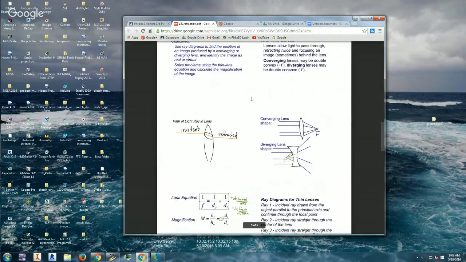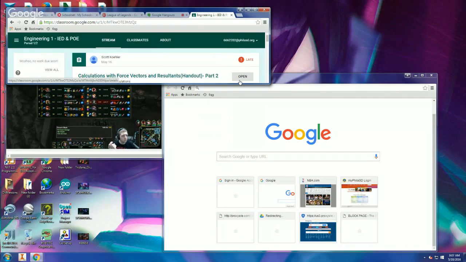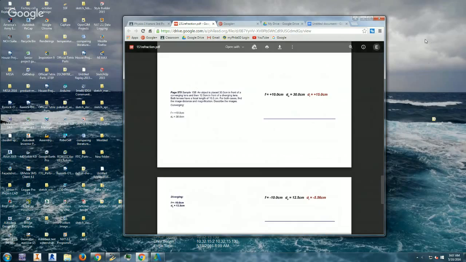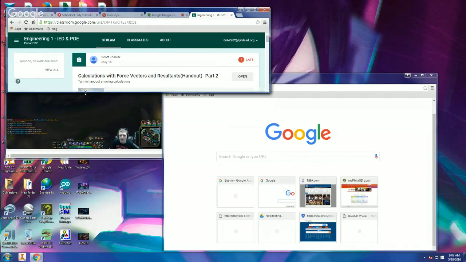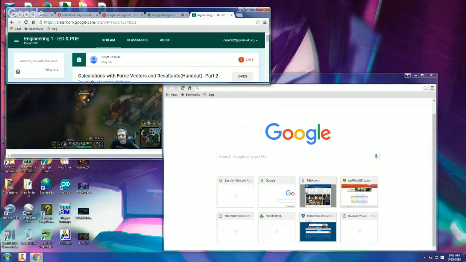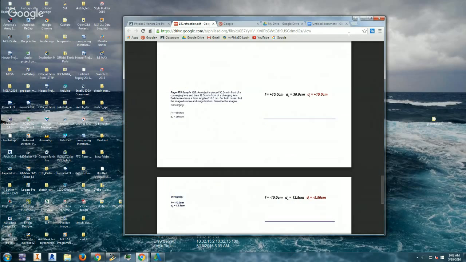Alright, so in this example, they're going to walk you through step by step and prompt you what to do. There are examples in the book on how to do one of this order of complexity. Doing this is going to give you the ability to analyze any complex structure.